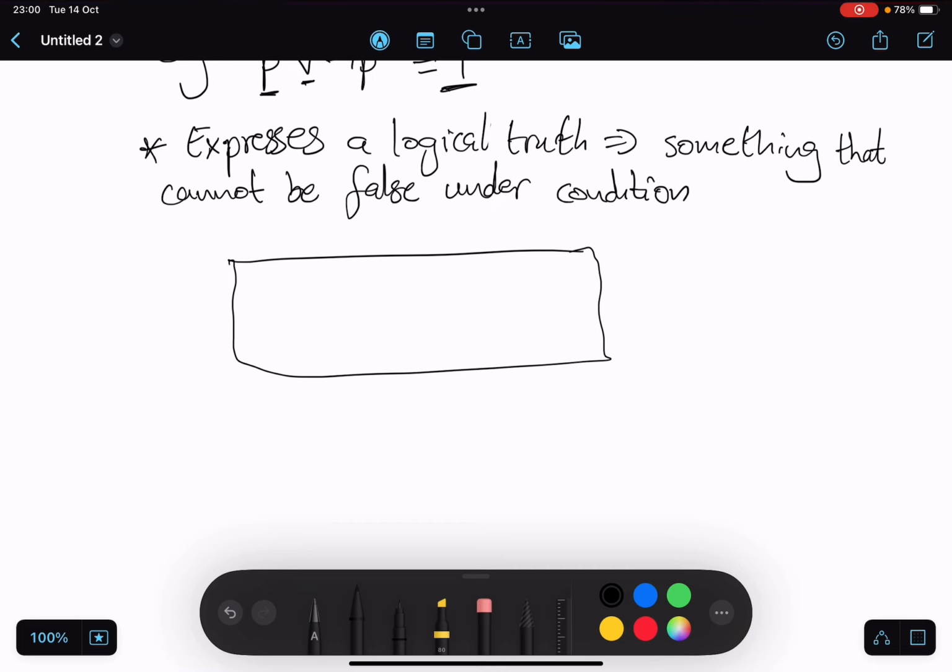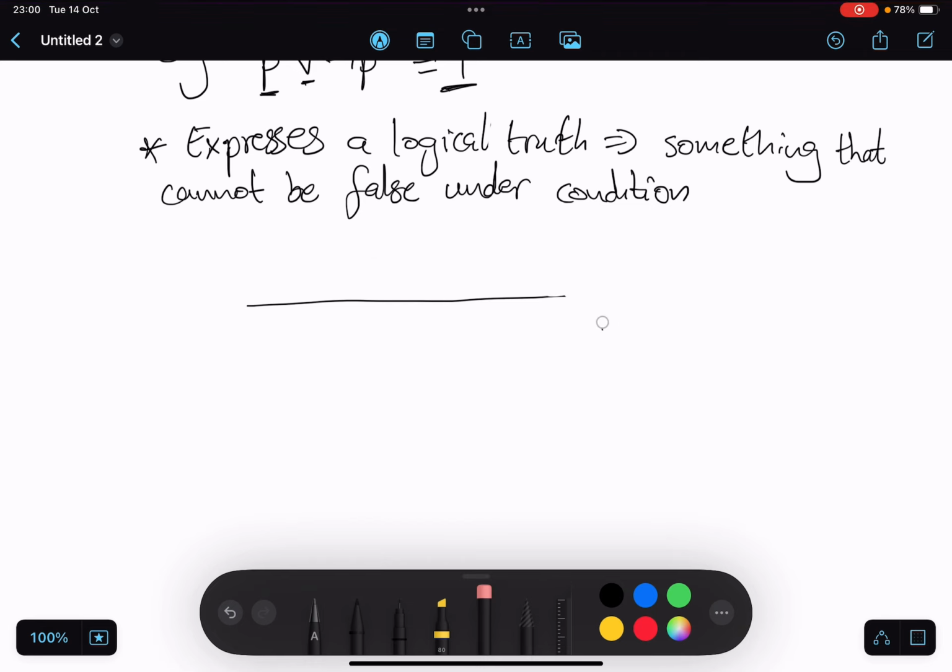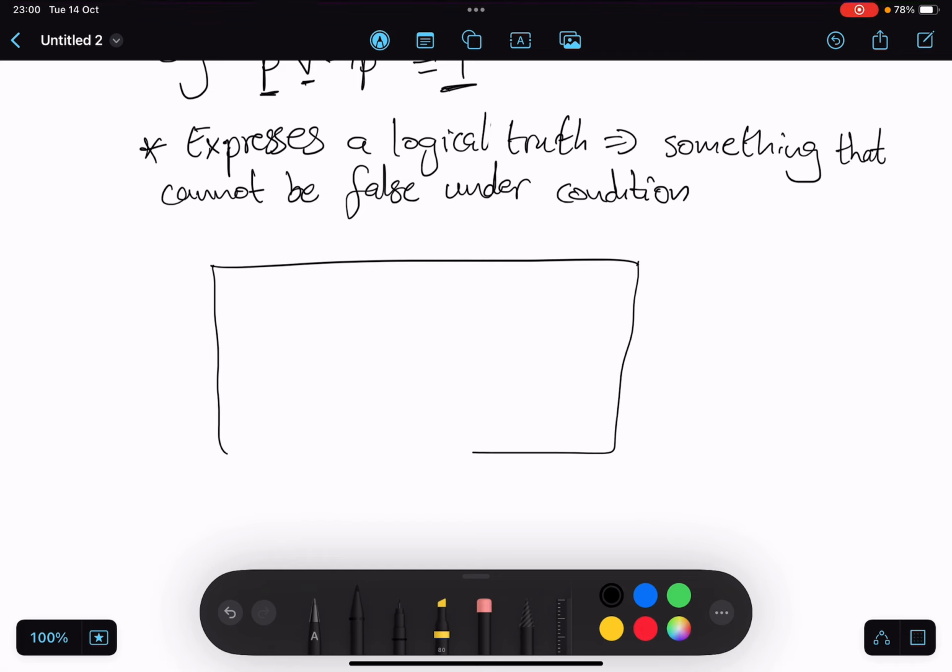Truth tables are a good tool to evaluate any problem that you're given, especially in this topic. So we have 1, 2, 3.